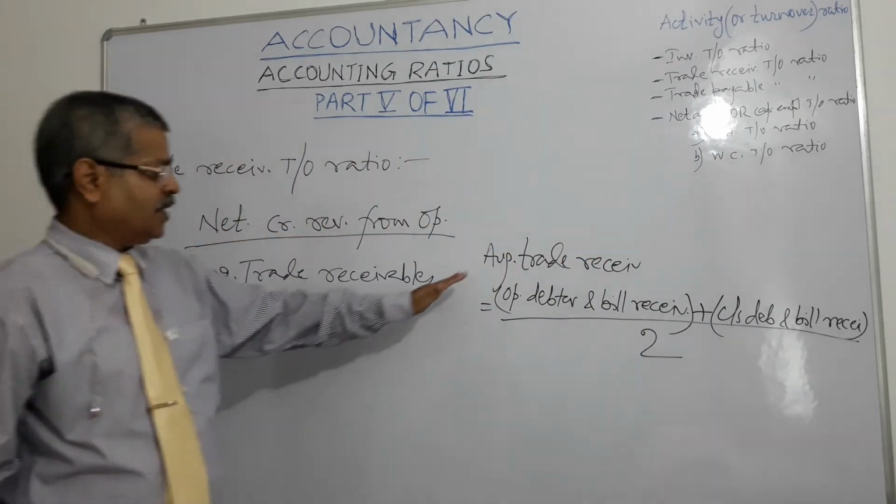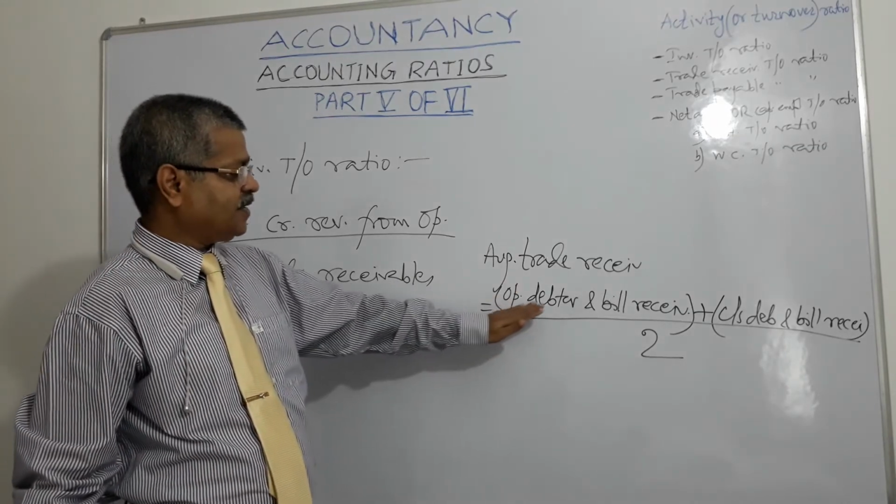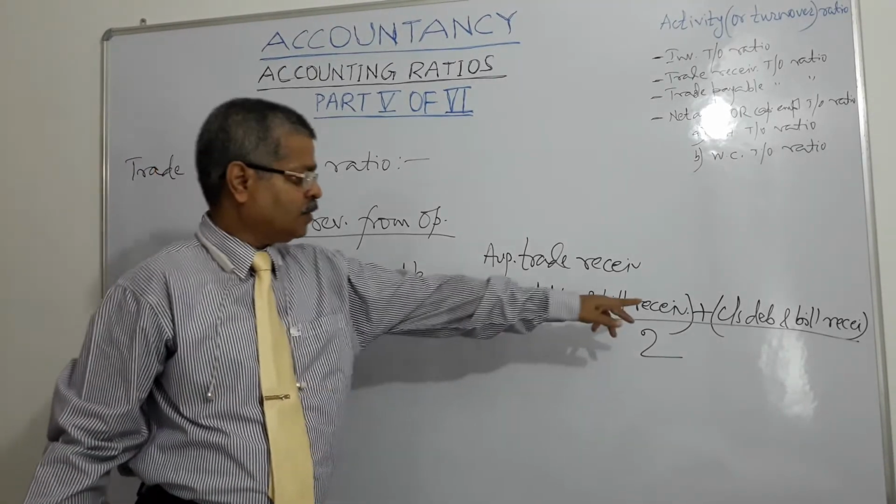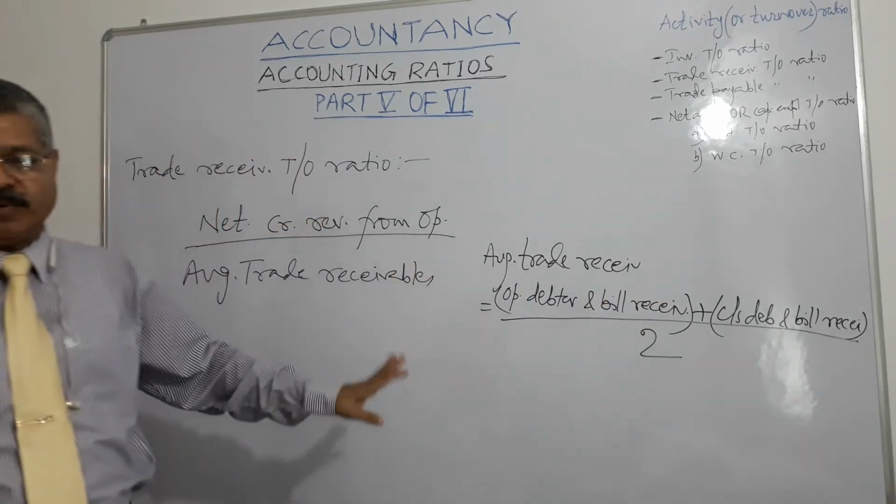Simple. Average trade receivables is equal to opening debtors and bills receivables plus closing debtors and bills receivables divided by 2.